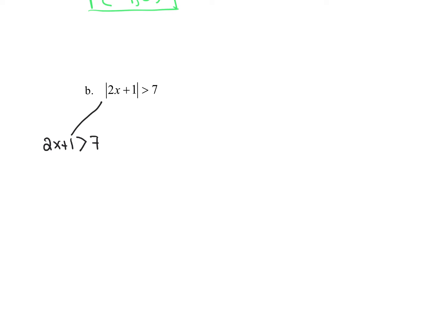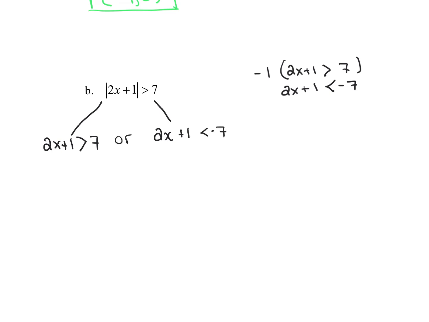If you multiply everything by a negative 1, then 2x plus 1 will end up being less than negative 7. So then I'm going to get, on the other side, 2x plus 1 is less than negative 7.